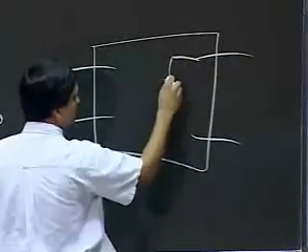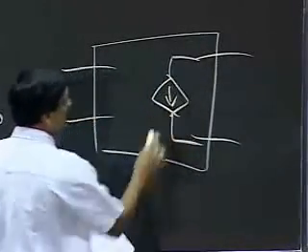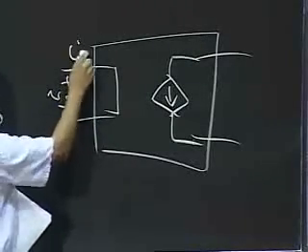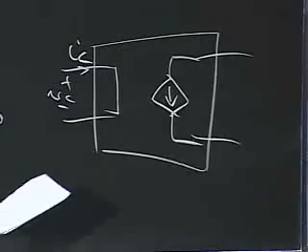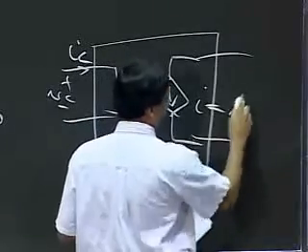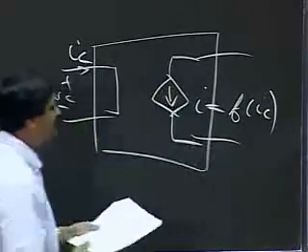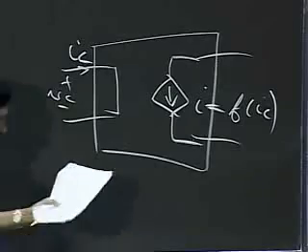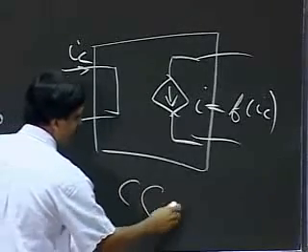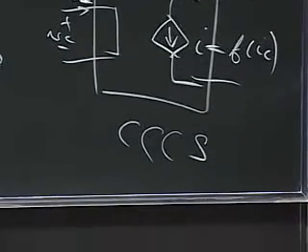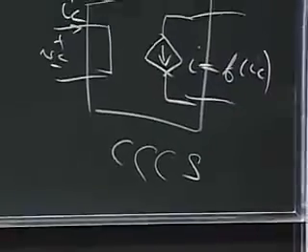In this situation, my output current is controlled by an input current, IC, and I claim that I, for this one, is some function of the current IC. Okay, it's another dependent source where the output current through its output port is related to the current IC. And this is a current-controlled current source.